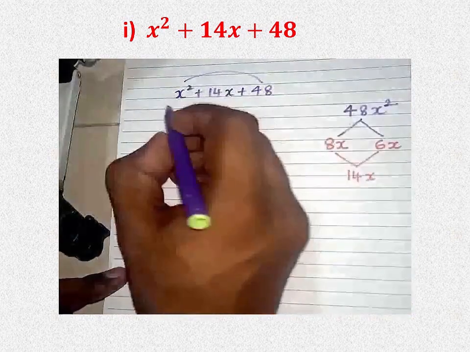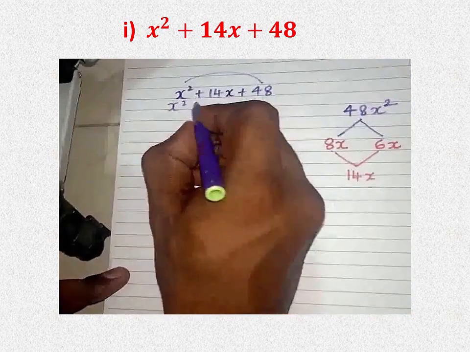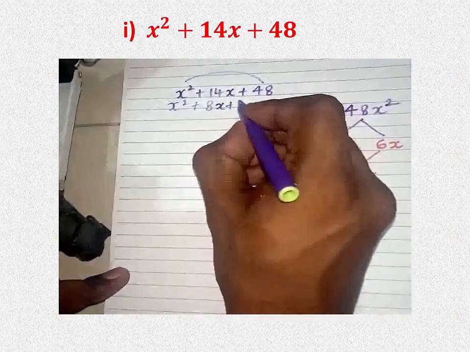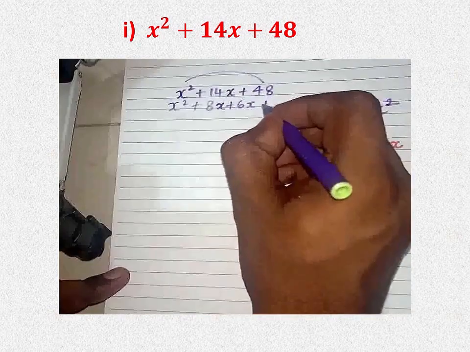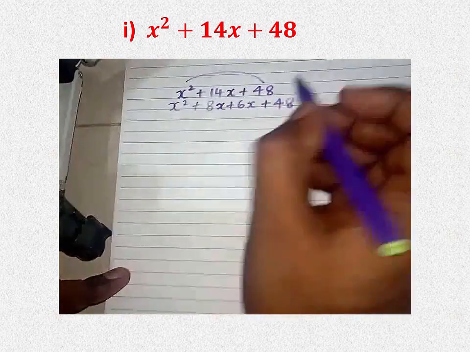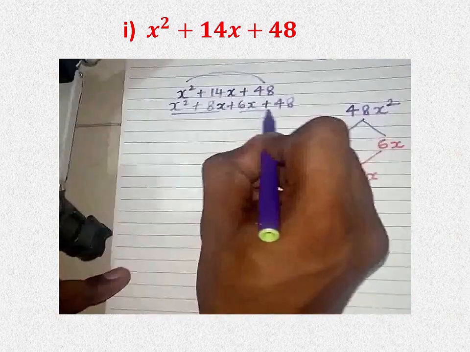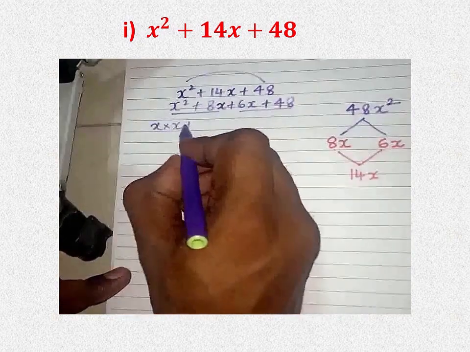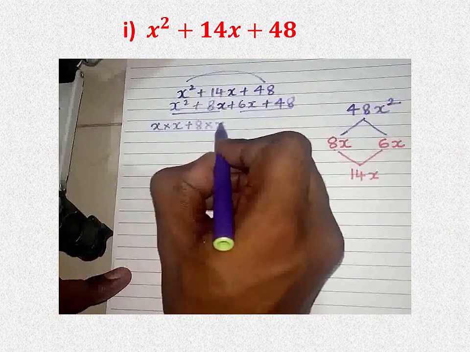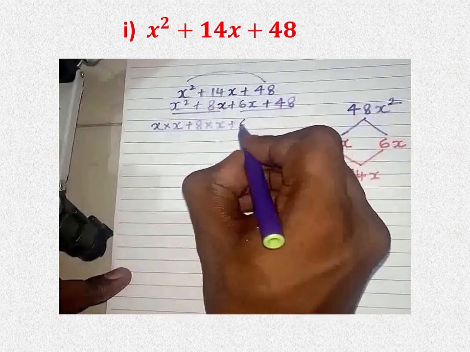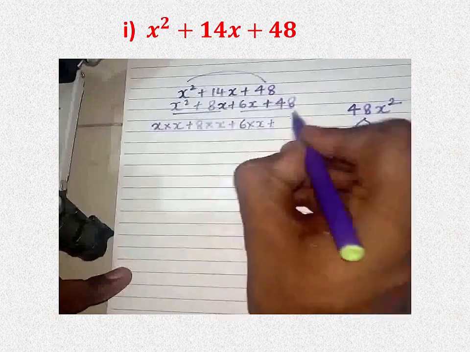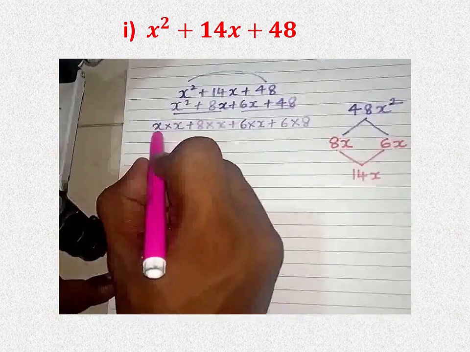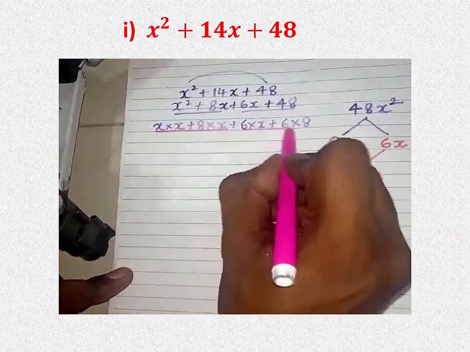Now split the middle term 14x as 8x and 6x. Now we should group the terms and factorize. Now x square can be written as x into x, 8x I'll write as 8 into x, and 6x as 6 into x. The same way 48 can be written as 6 into 8. Now take down the common factors.